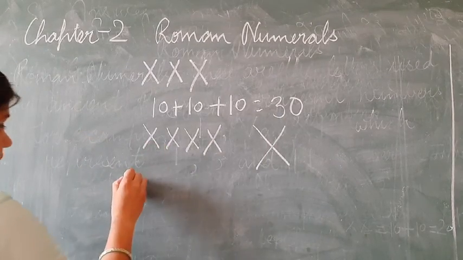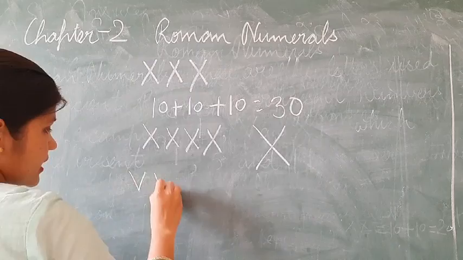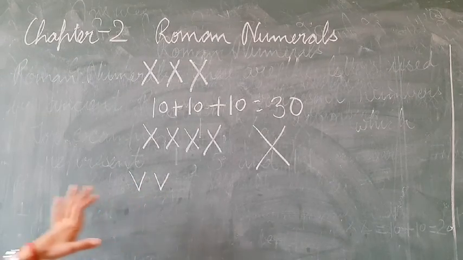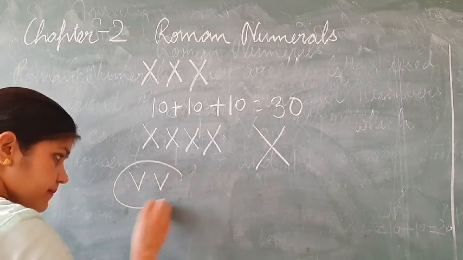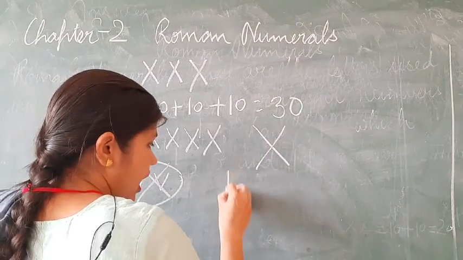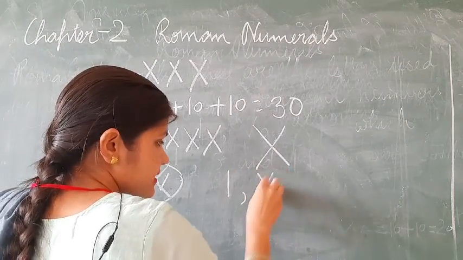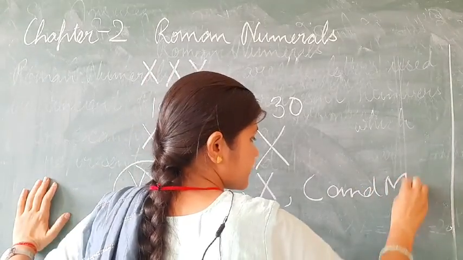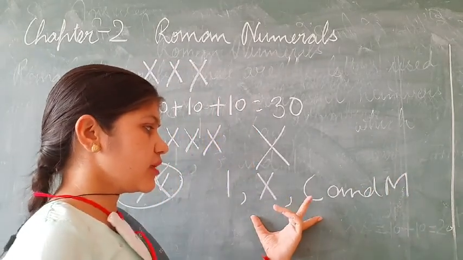Next, if I write VV, in the rule I have said there is some restriction. We can't repeat V. This is also wrong. We can repeat only I, X, C and M. These are the 4 letters which can be repeated.